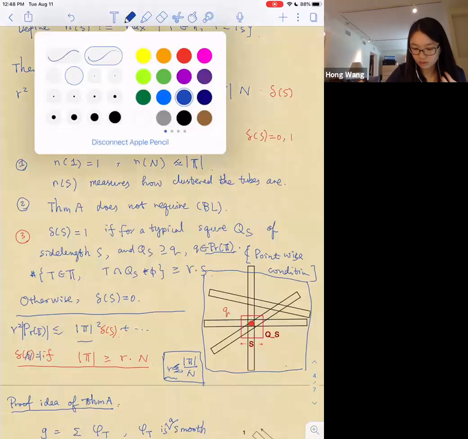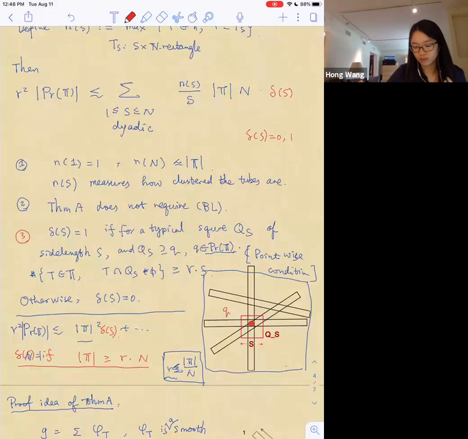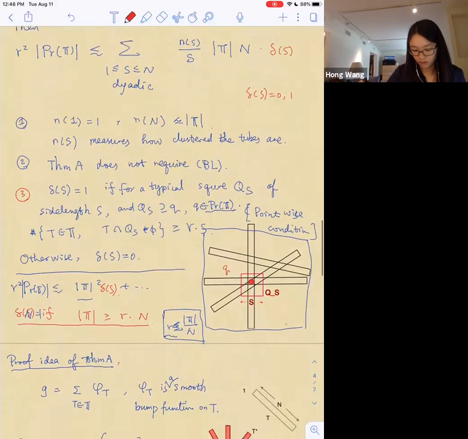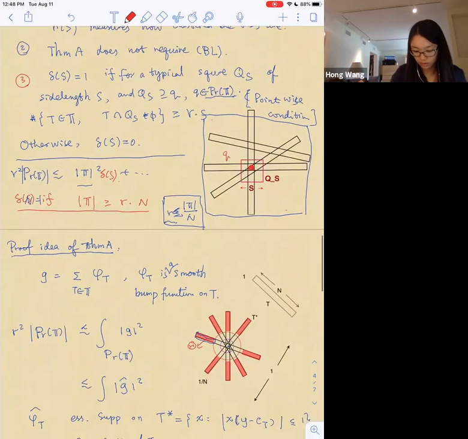And also, the reason why n appears is related to this inequality.